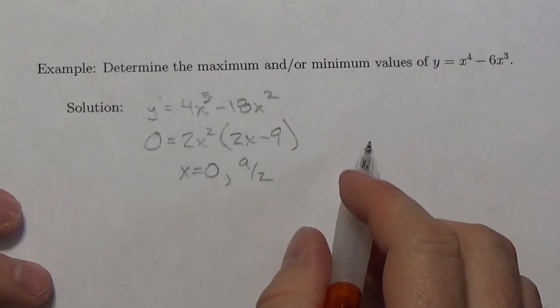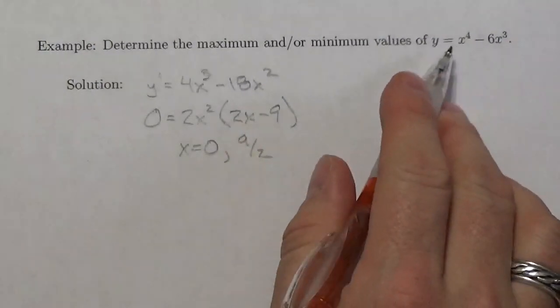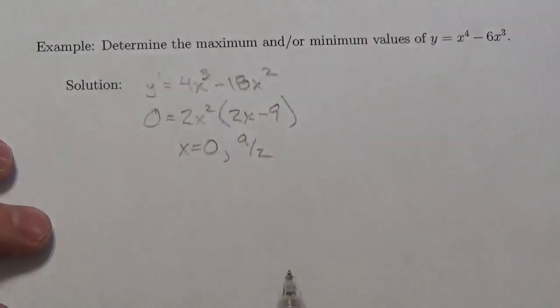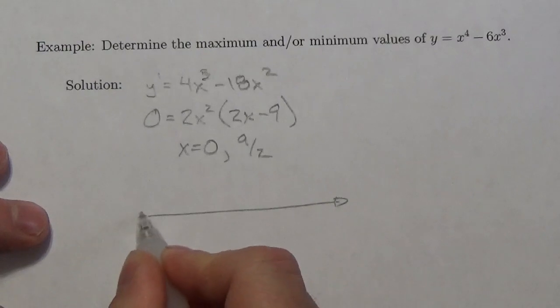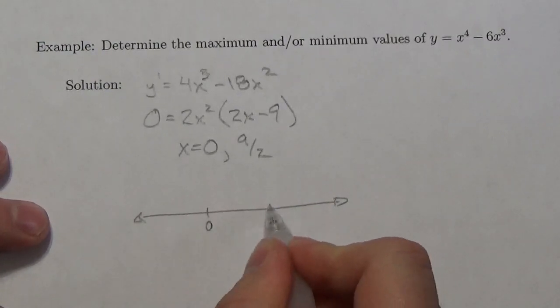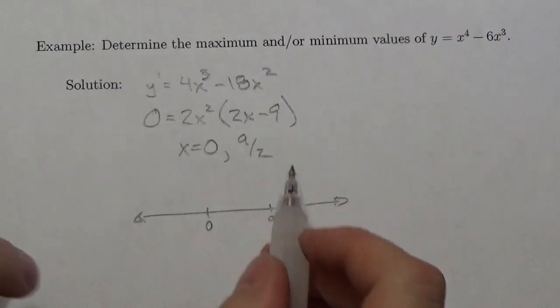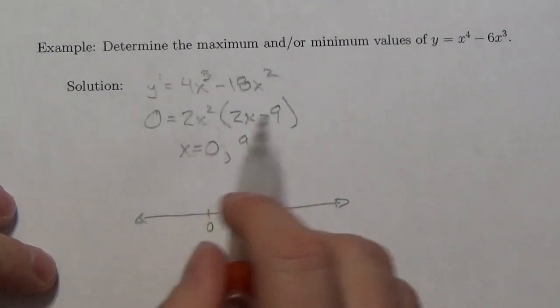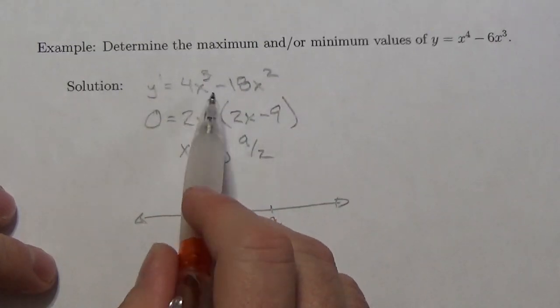Okay, now I want to investigate this a little further. This is an x to the fourth. This is a quartic. Okay, so I'm just going to take a quick look here. I've got 0 and 9/2. When I think about what my function looks like, my derivative is a cubic.